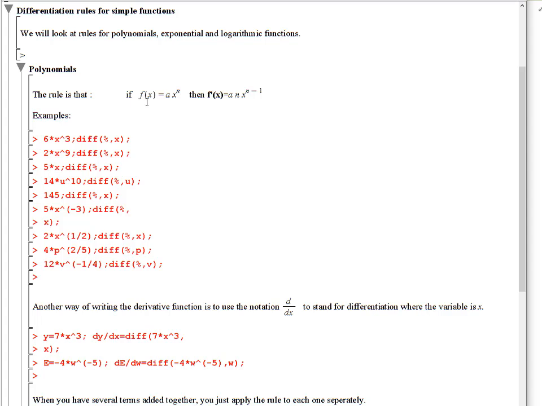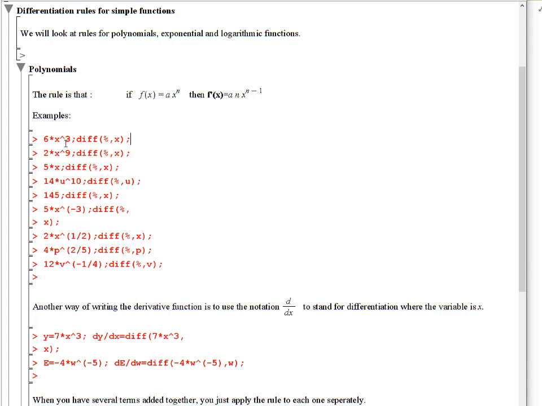So the rule is that if a function of x is a x to the power n, then to differentiate it, f dashed of x, the derivative function, is a n times x to the power n minus 1. So you multiply by the n and then reduce that n by 1 to get the derivative, to get f dashed.